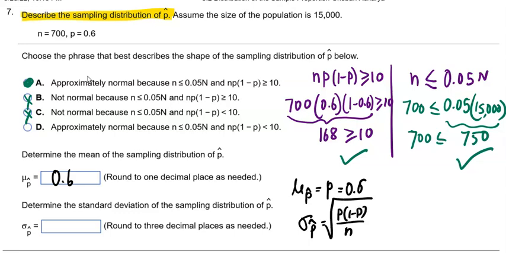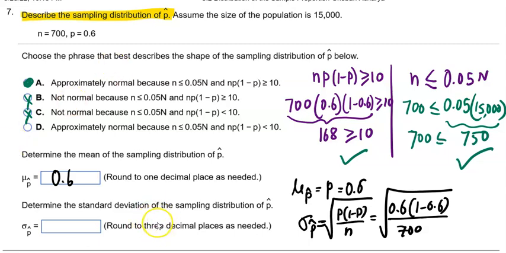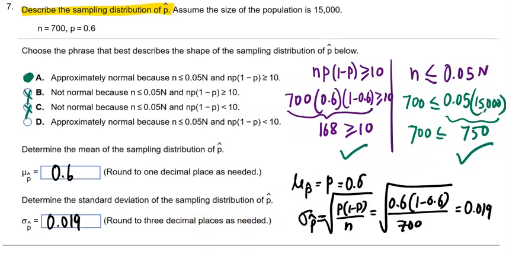So let's put in the values: 0.6 times (1 minus 0.6) divided by n, which is 700, find the square root of that using the calculator, and round your answer to 3 decimal places. This gives you 0.019, the standard deviation of the sampling distribution of the sample proportion.